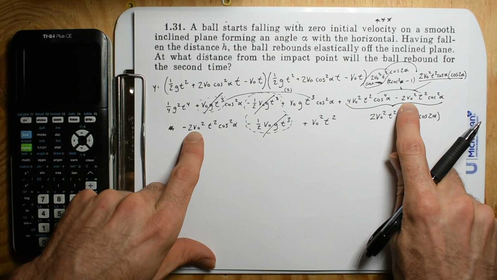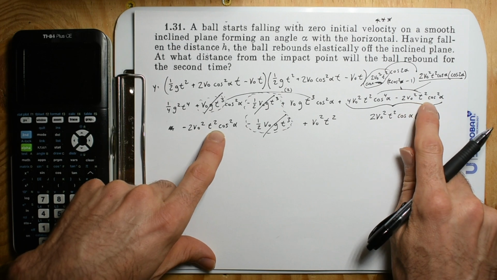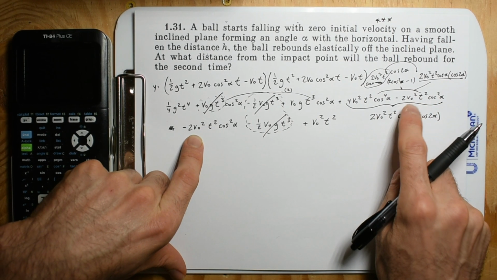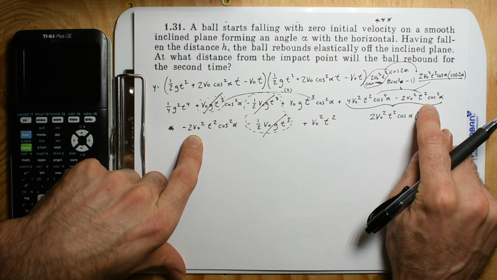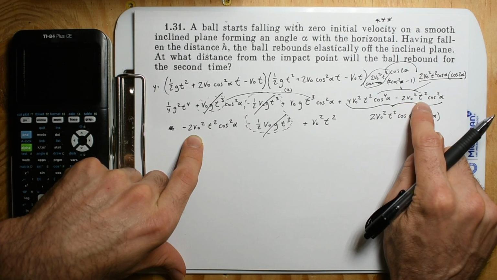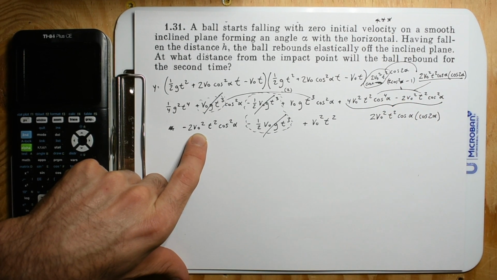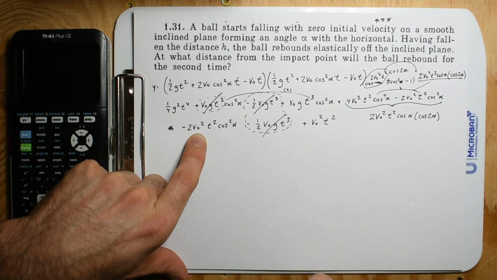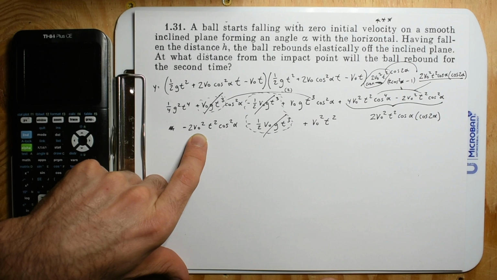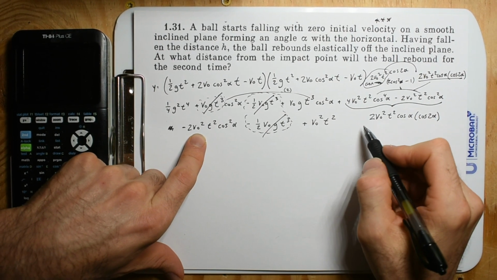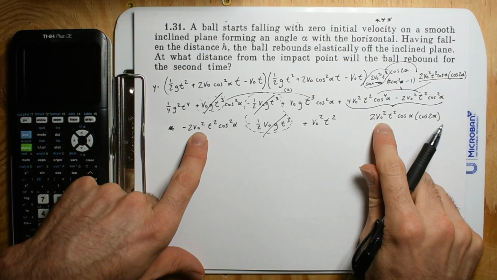Negative 2 v0 squared t squared cosine 2 alpha. So we're gonna have minus 4 of these. And then yep, so it's gonna mess up our little equation just by a little bit. Damn it. But yeah, let's experiment with that.